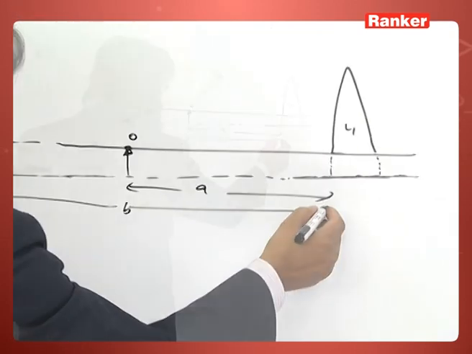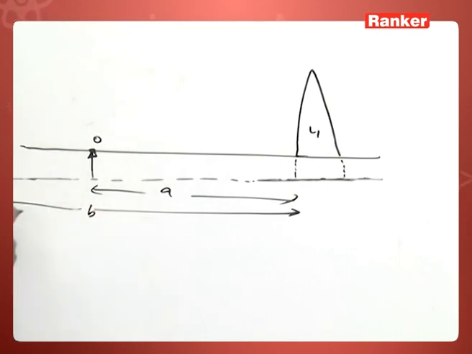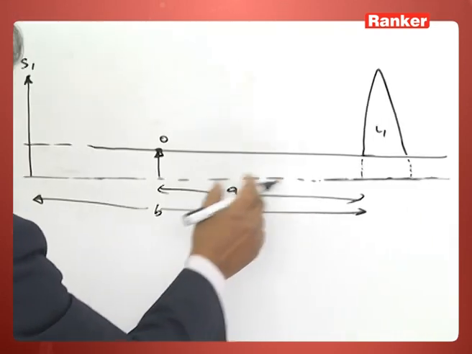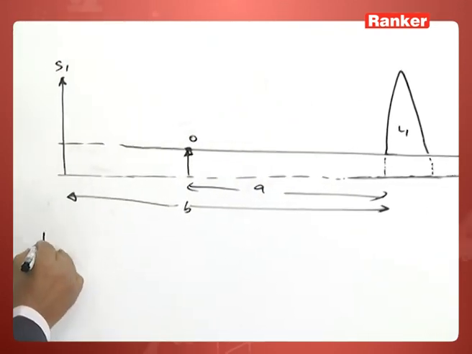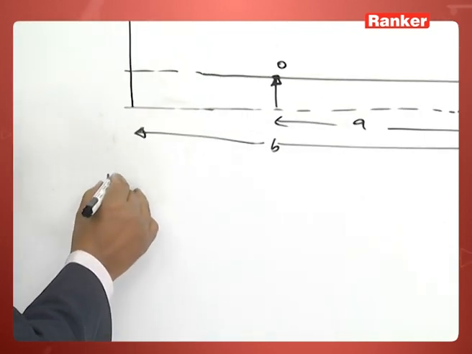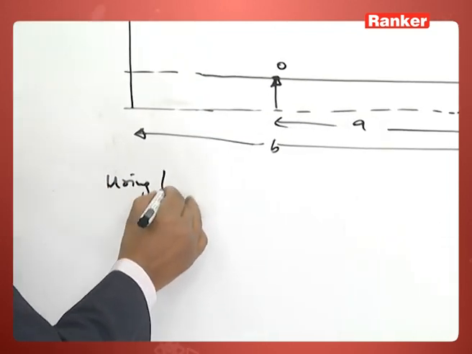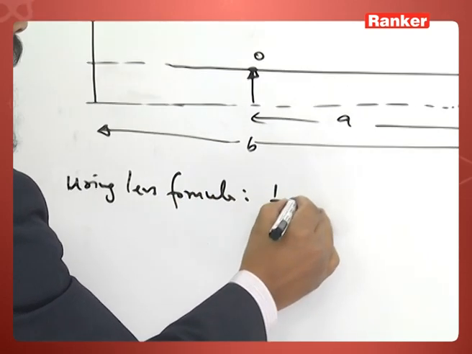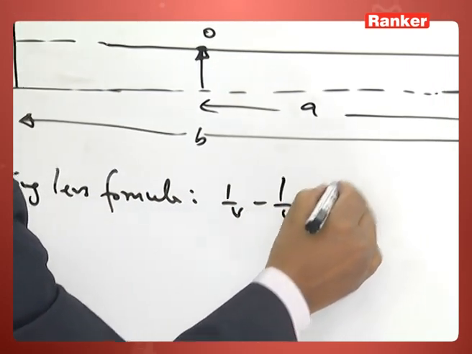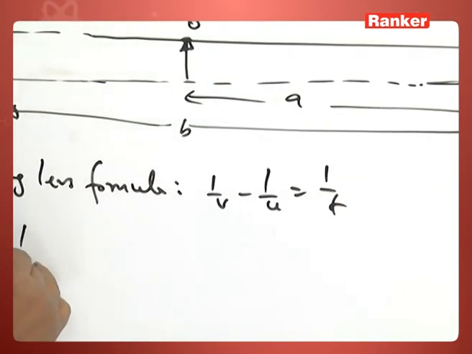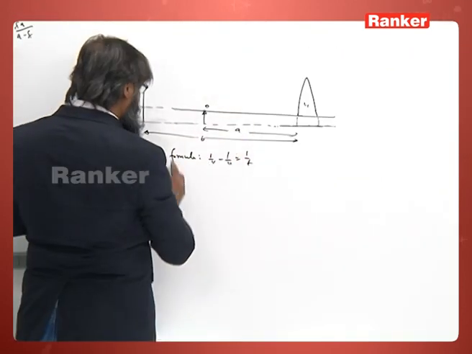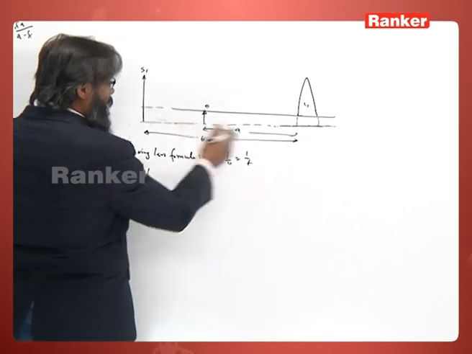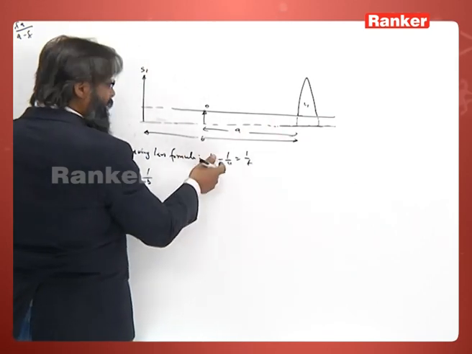Now, let us first of all calculate what B will be. This A is less than F. So using the lens formula, 1 by V minus 1 by U is 1 by F. Here 1 by V is lying on this side, so let us call it B, and we know that it is virtual.